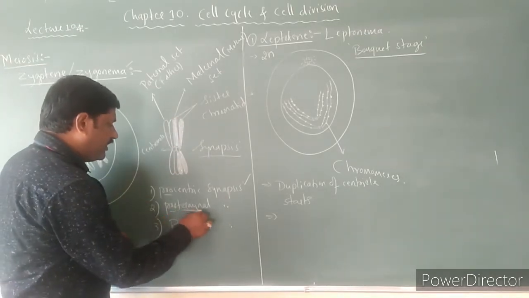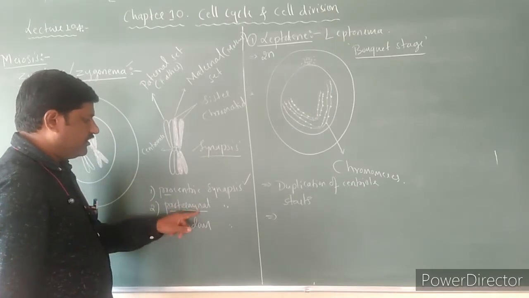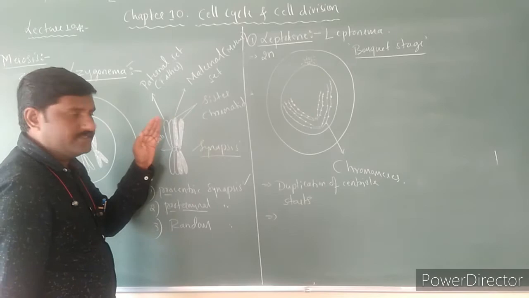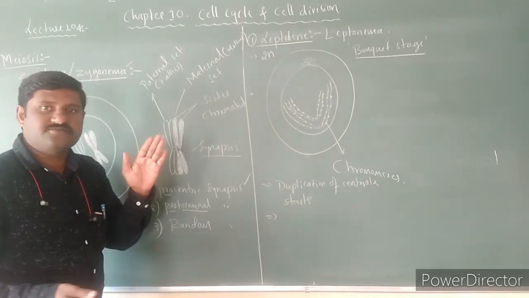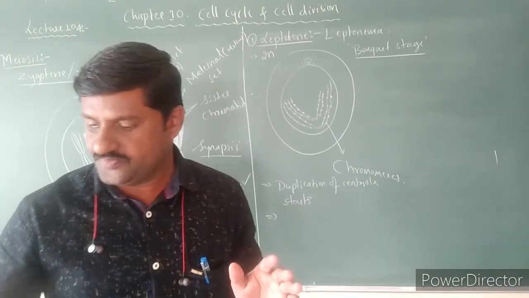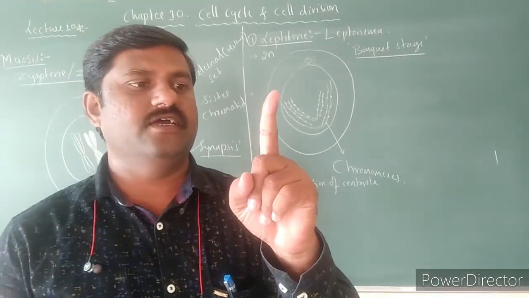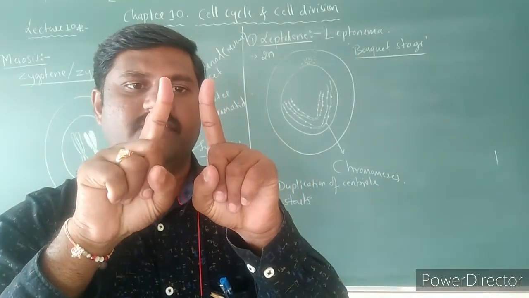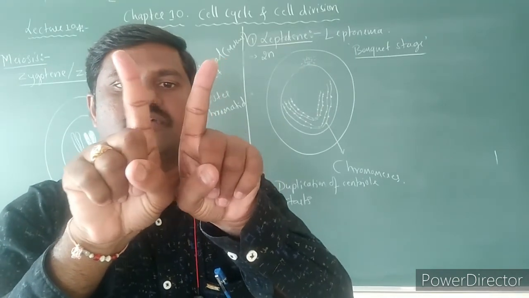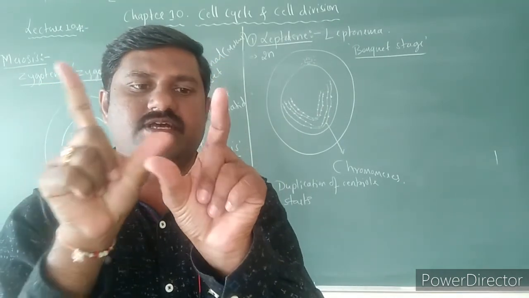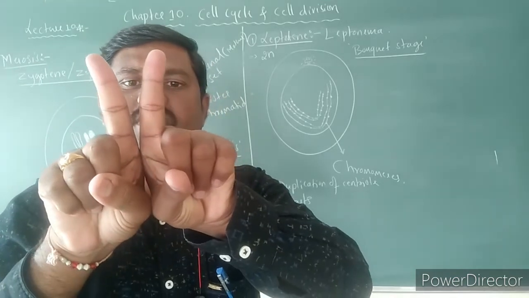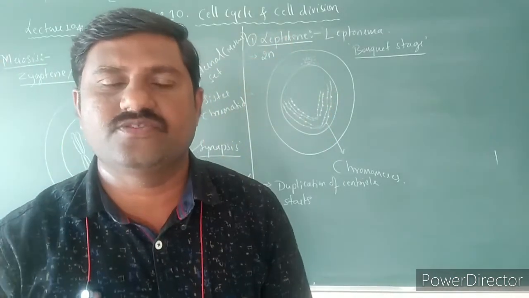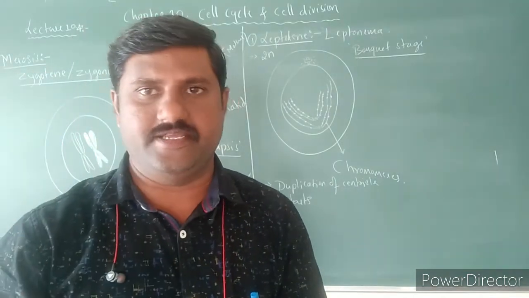And proterminal. Pro means first, terminal means tip. If the synapsis or the attachment starts from the tip of the chromosome. Say for example, if this is the chromatid of one homologous chromosome and this is the chromatid of another, and this is the centromere. If the attachment starts from the centromere, then it is procentric.